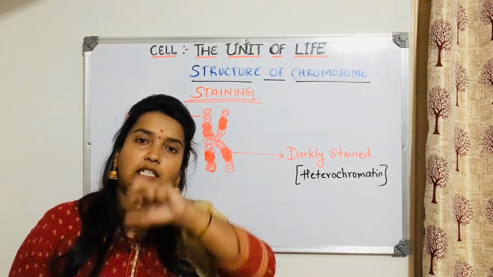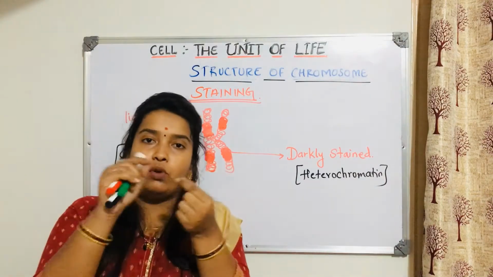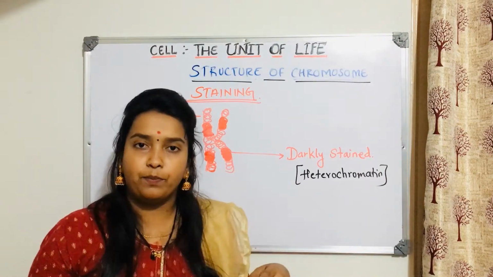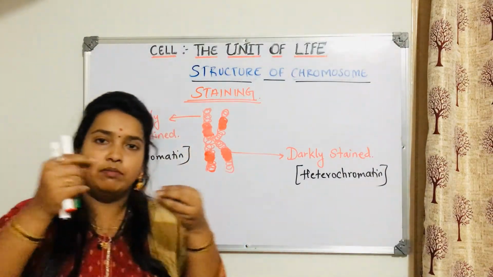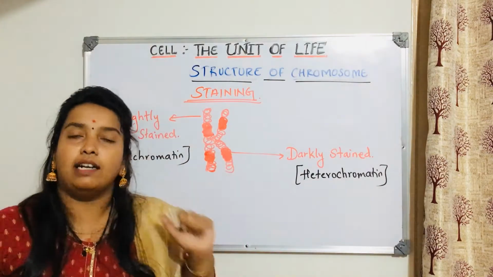Heterochromatin region is condensed, highly condensed. You will not be able to get DNA freely in this region. It is tightly coiled. And here you can get DNA easily. It is loosely condensed.